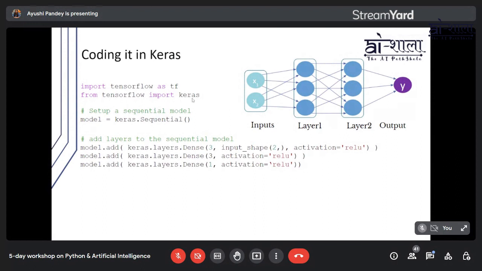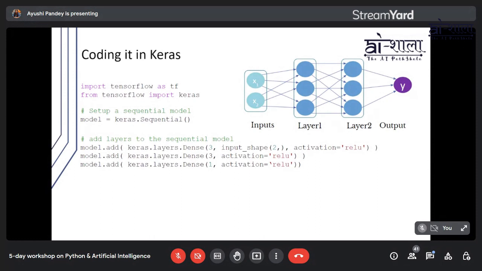So for Keras to run, we always need to import TensorFlow. First we imported TensorFlow, and Keras works on TensorFlow. Both provide high-level APIs used for easily building and training our model.